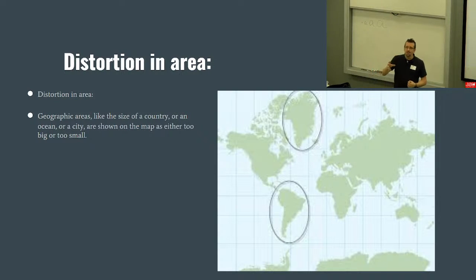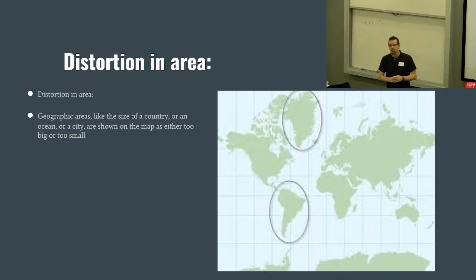But Greenland has a great deal of distortion in area, due to the fact that when you start mapping that part of the Earth, it starts to curve. And it almost stretches out the shape of Greenland and makes it appear much larger than it actually is. If you are looking at certain projections, there are some where it is much smaller than it actually is.